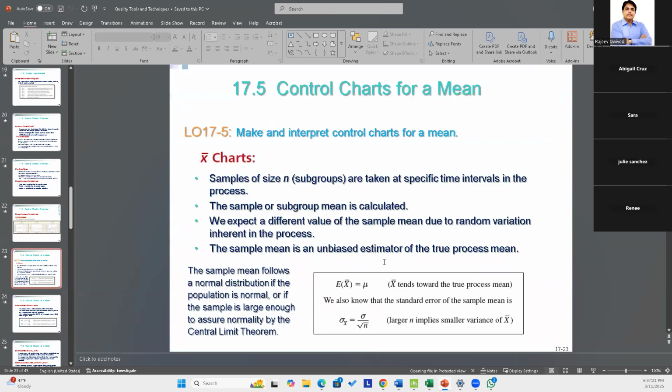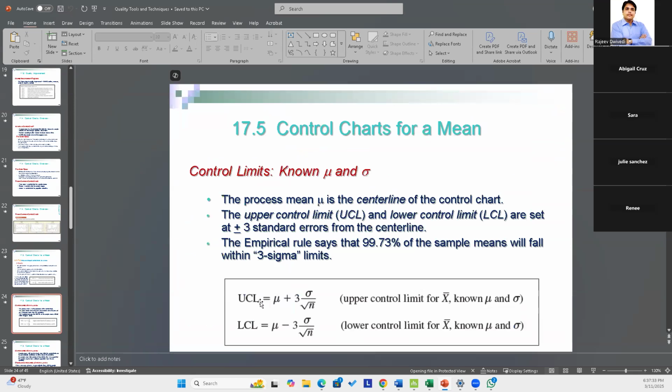Here, these numbers you can get automatically. From samples of subgroups, we can compute the upper control limit and lower control limit. The upper control limit is mu, which is the average, plus 3 sigma over square root of n. The lower control limit is mu minus 3 sigma over square root of n.